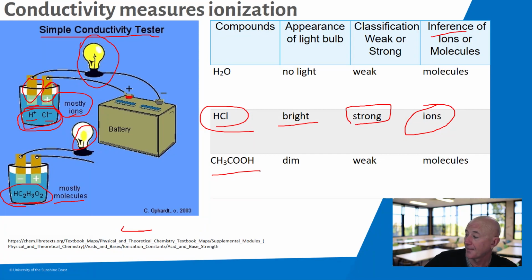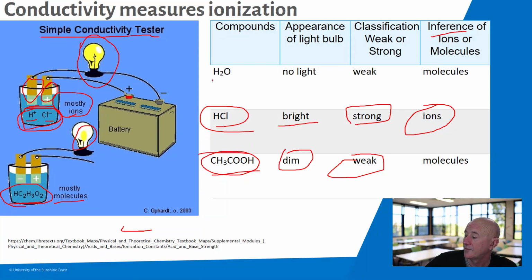There it is there, and in this case you can see that the light bulb is dim. You would therefore say that it is a weak acid, it's poorly ionized, and it mostly exists as the molecular form, not the ionized form of H+ and acetate ions.